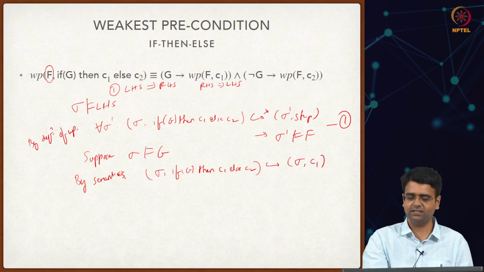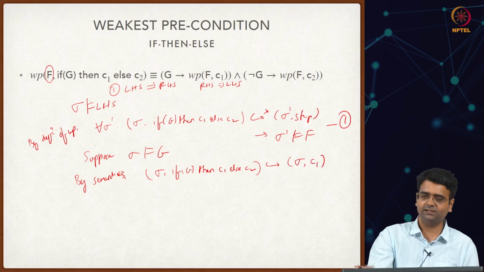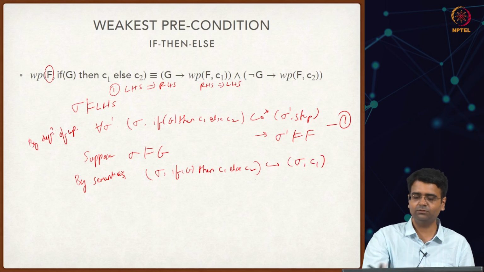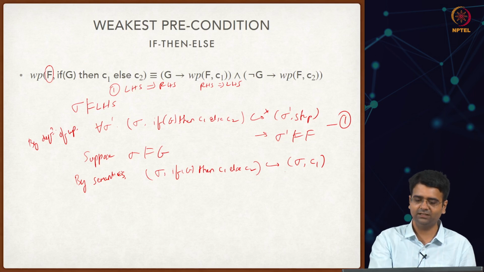This is one of the rules for if then else, one of the transitions that we had studied when we went through the operational semantics of the imp language. Whenever you want to execute an if then else statement on some program state, you ask, does the program state satisfy the conditional? If it satisfies the conditional, then you can simplify the program to just the if branch. So by the semantics, I know that this must be true.